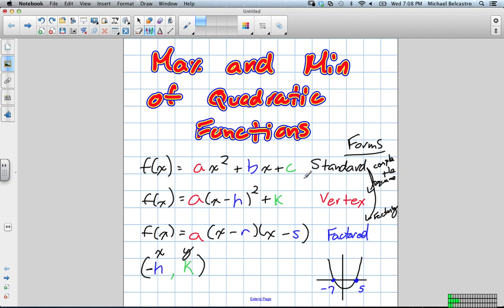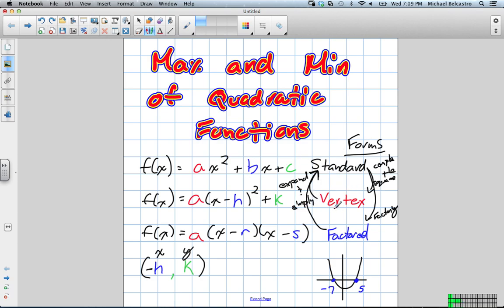To go from vertex to factored, the fastest way would be a type of expansion, so we don't really talk about it. Usually the easiest way would be actually to backtrack. And in order to go from vertex to standard or factored to standard, we expand and simplify. We always do that, expand and simplify. So that's how we know to go from one to the other.